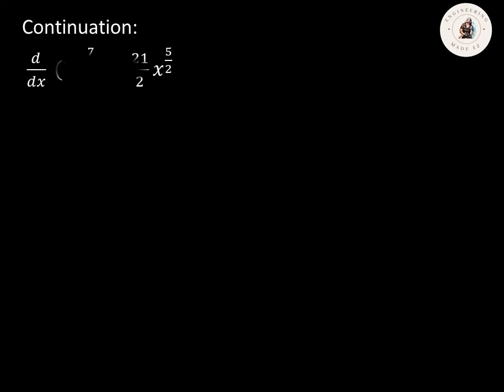From our computation a while ago, the derivative of 3x raised to the power of 7/2 with respect to x is equal to 21/2 x raised to the power of 5/2. For the derivative of negative 2x raised to the power of 1/2 with respect to x, we have negative x raised to the power of negative 1/2.